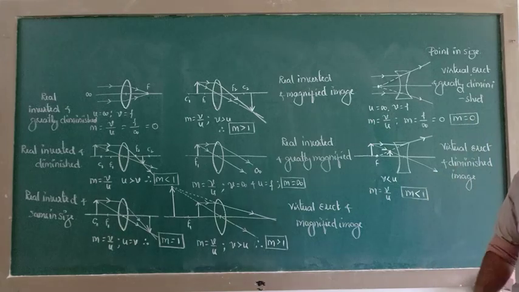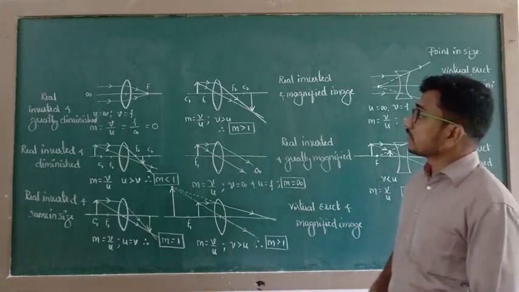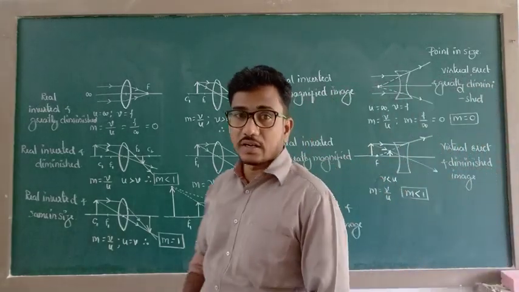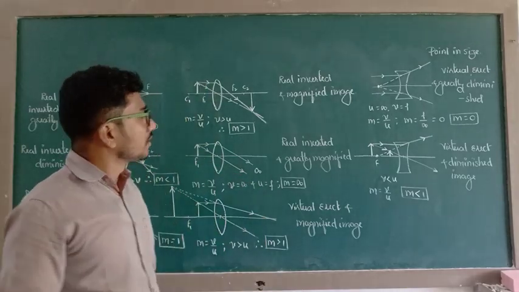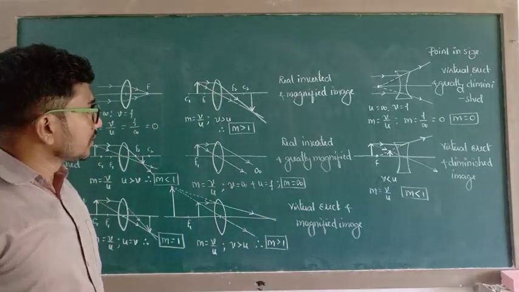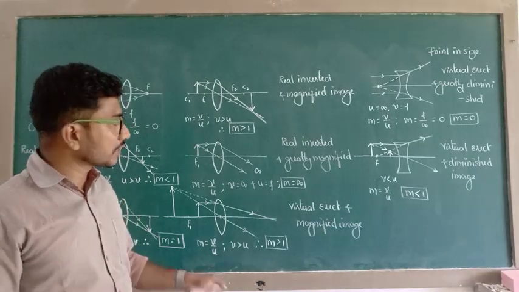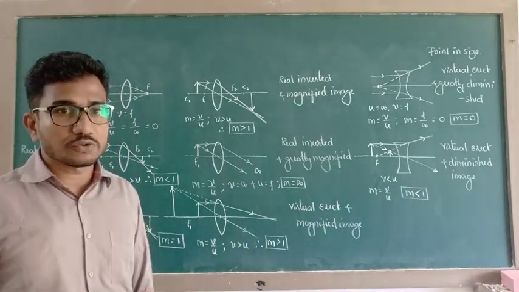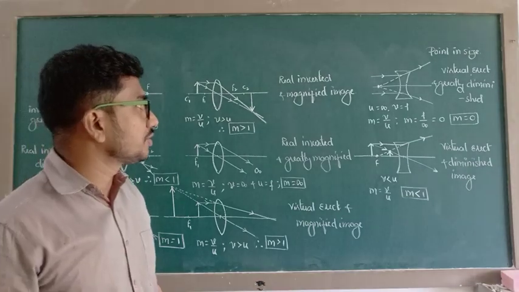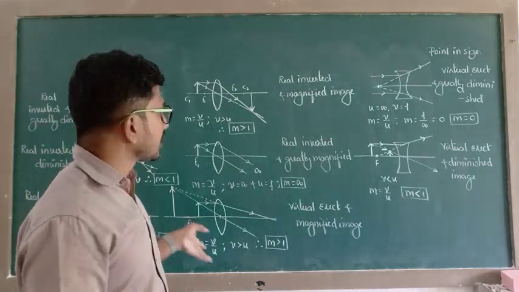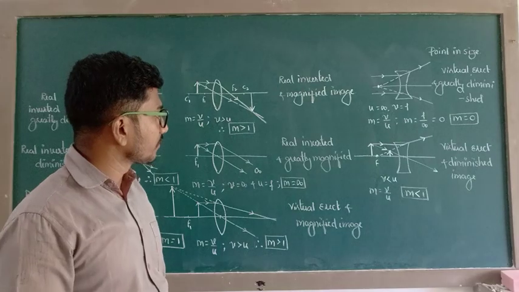Okay, so try to understand how to plot the ray diagrams. This skill is very important in your competitive examination. Without plotting the ray diagram, you should just recall the position of the image with respect to the position of the object.